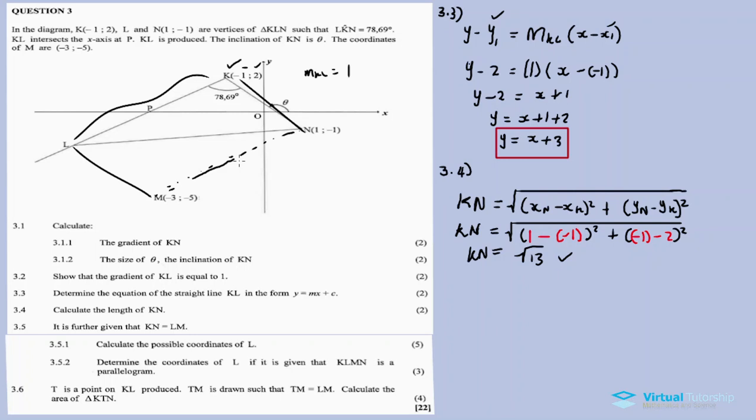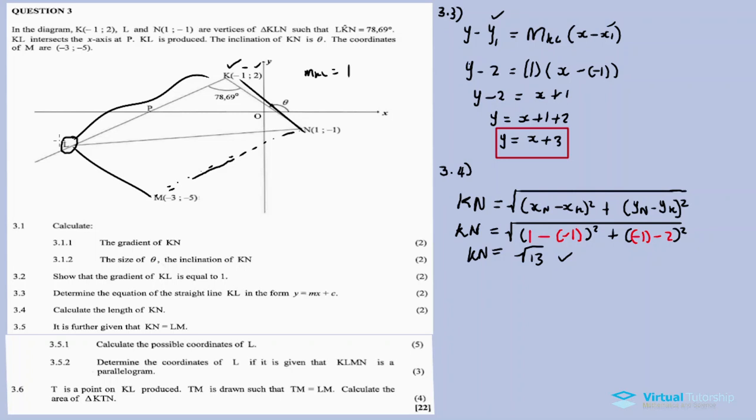We're not sure what type of quadrilateral this is, it can be a parallelogram, a square or a rectangle. But anyway, since it's given that the opposite sides KN and LM are equal, calculate the possible coordinates of L.